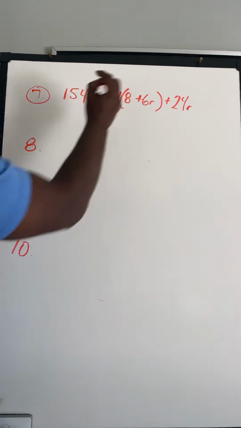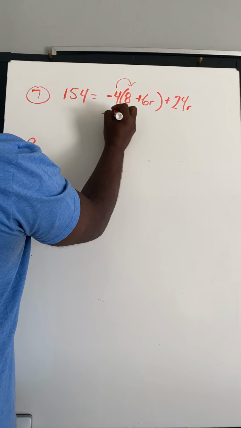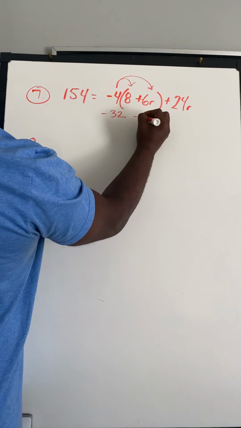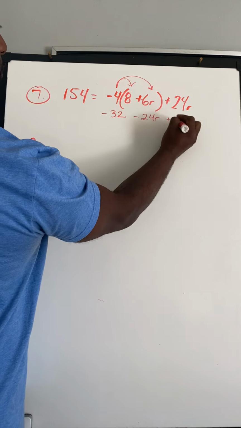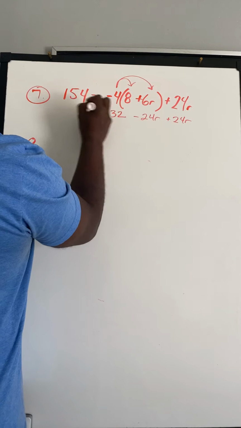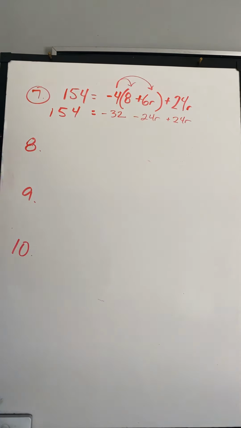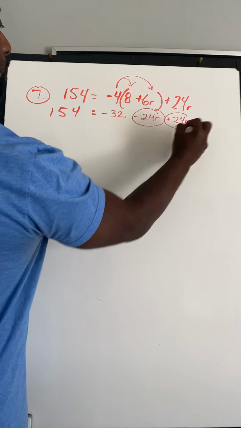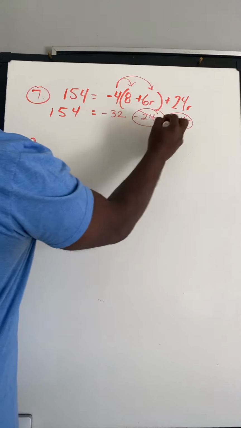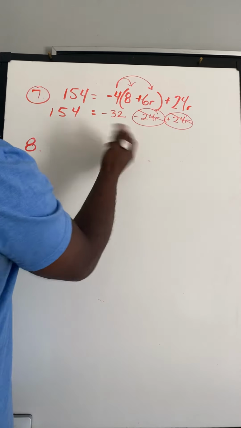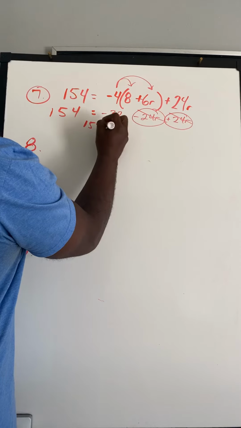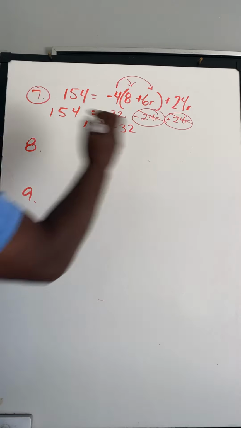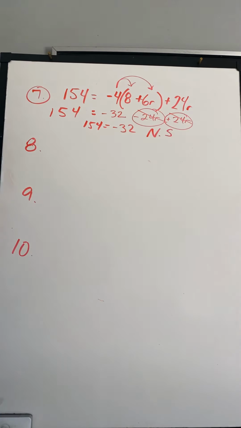First, we got to distribute. -4 times 8, -32. -4 times +6R, -24R. Bring down the positive 24R, and then we have equals 154 comes down here. Teammates, Kobe, Shaq. But they equal 0 when we combine them, and we are now left with 154 is equal to -32. Is that true? No, it is not, which makes that no solution.